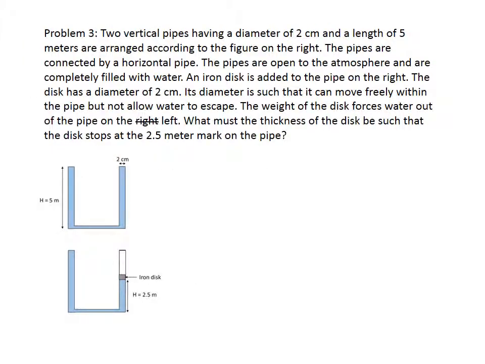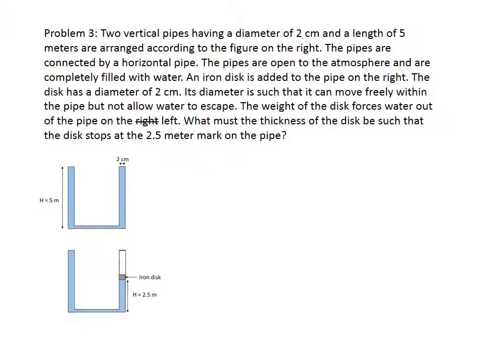This problem is a manometer problem where we have 2 pipes joined by a horizontal pipe. Initially, both pipes are filled with water, and the height of each pipe is 5 meters with a diameter of 2 centimeters. We're going to add an iron disc to the pipe on the right, and this disc also has a diameter of 2 centimeters.